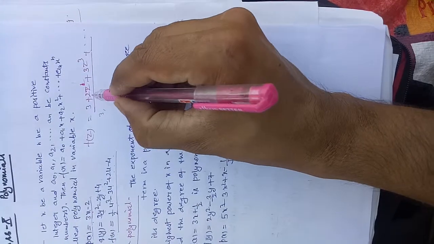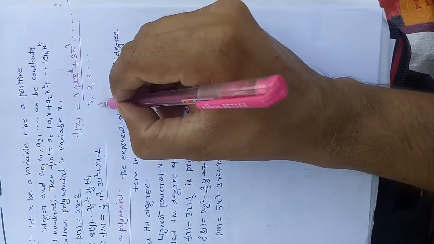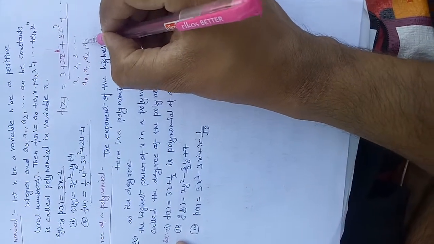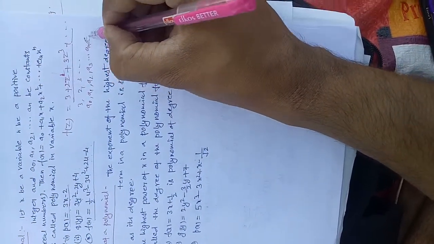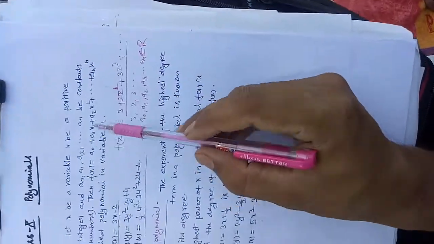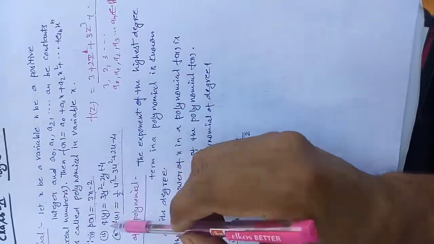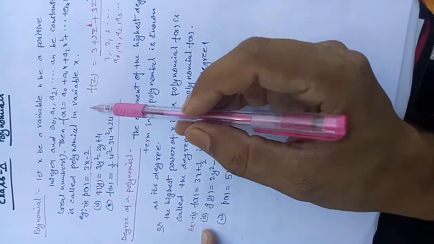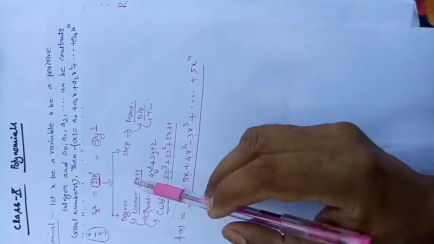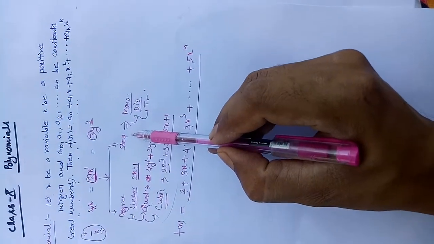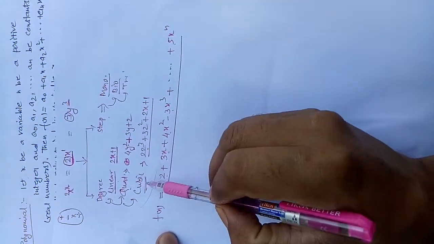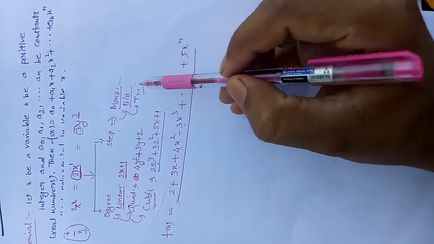Here 3, 2, 3, whatever, that is a0, a1, a2, a3 up to an, belong to the real numbers. It should be a real number, and the degree of the variable should be positive, then it is known as a polynomial. We can also classify polynomials in the same way, according to degree and according to step. So we will get linear polynomial, quadratic polynomial, cubic polynomial, monomial, binomial, trinomial.